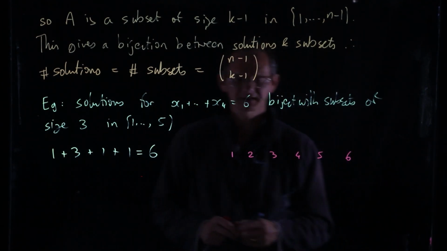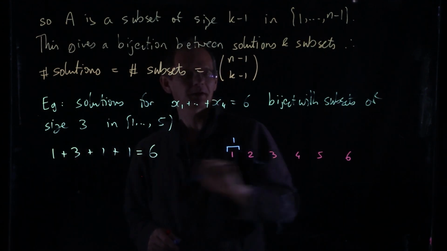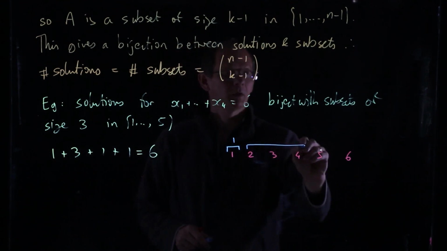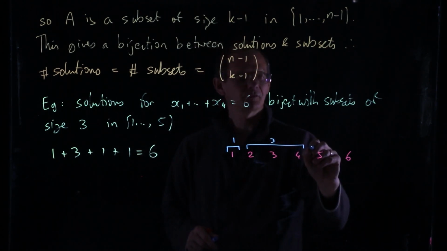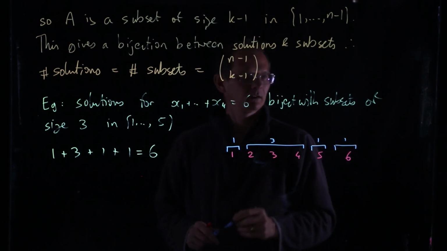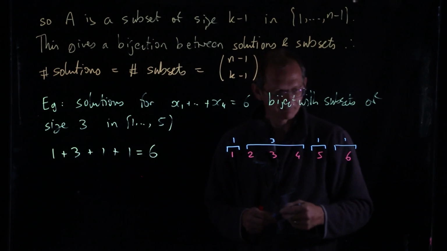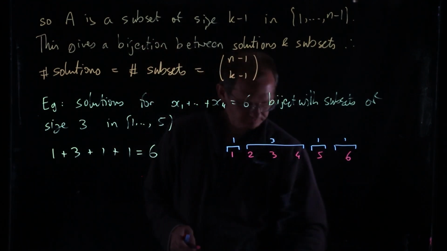And we divide that into intervals. We've got one interval of length 1, corresponding to that 1 here, one interval of length 3, and then 2 more intervals of length 1. And then we look at the endpoints of those intervals.